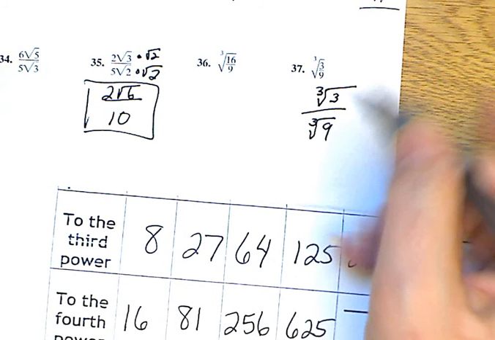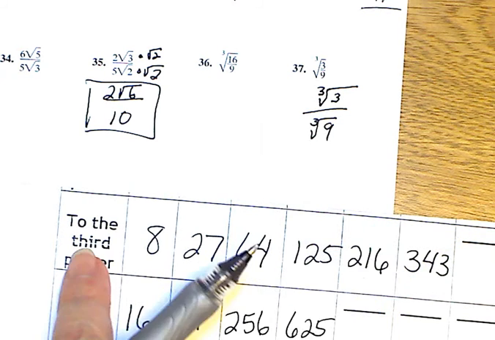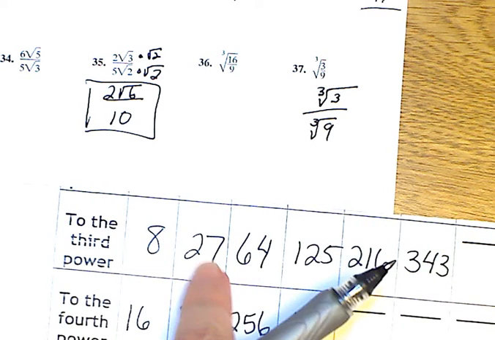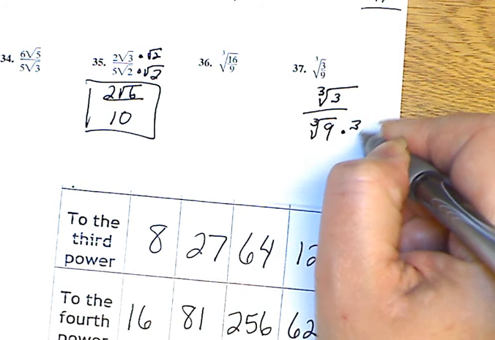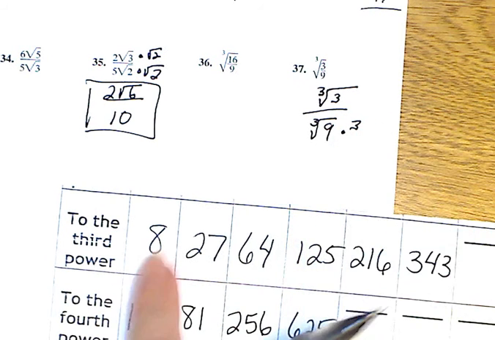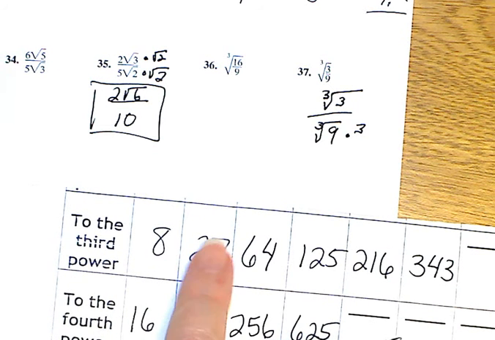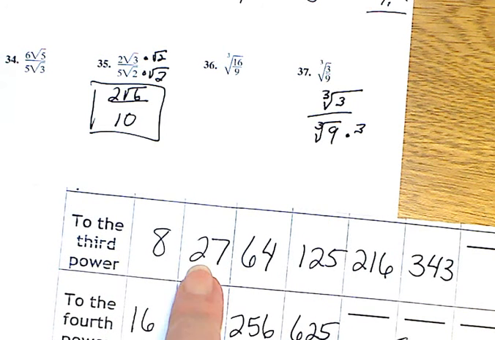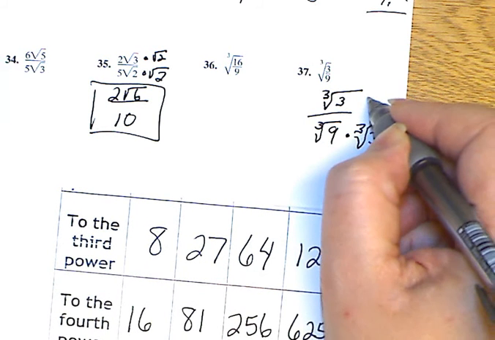Does everyone see where you got the cube root of 3 from? Because this is a cube, we want 9 to go into 27, so we go to 3. 9 times what gives me 3? Yep. So we're going to do the cube root of 3 times the cube root of 3 on both.